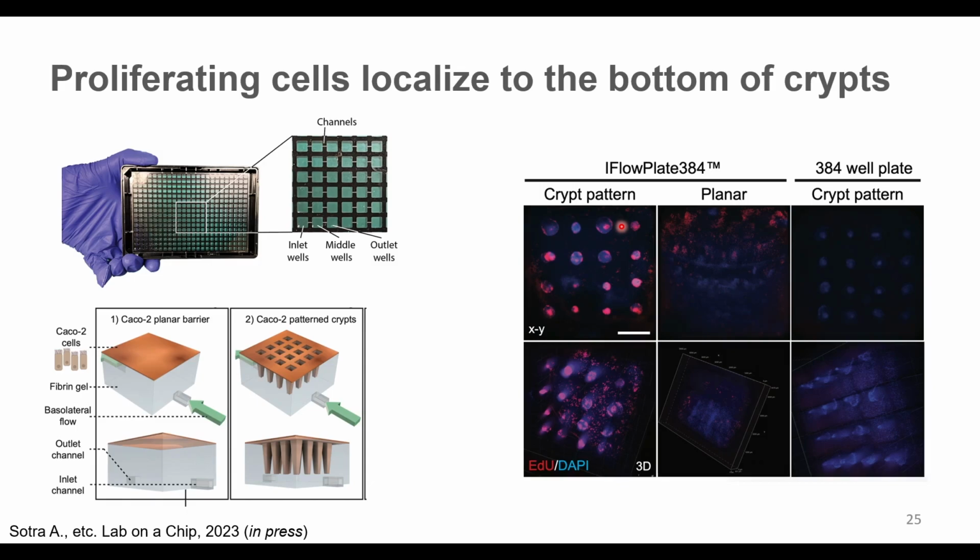It seems at least part of it is driven by the presence of an interstitial flow through the hydrogel that creates this chemical gradient across this colon barrier, because we didn't see this kind of patterning in the traditional static 384 well plate format that doesn't have any perfusion or any chemical gradients.